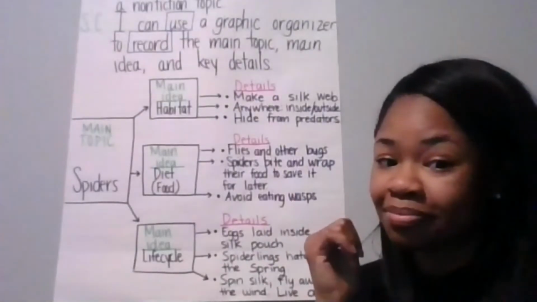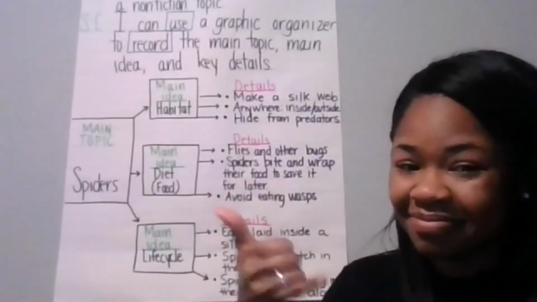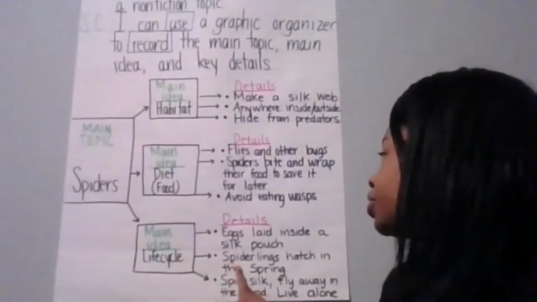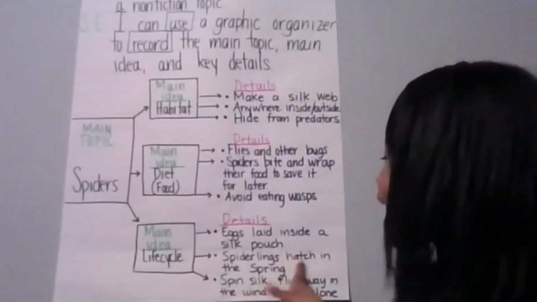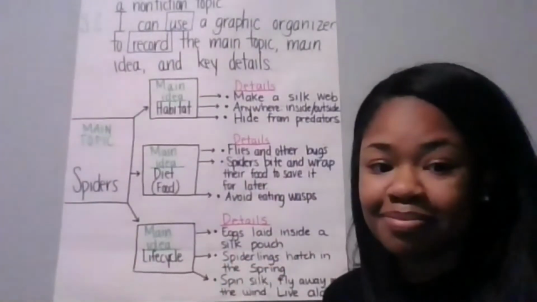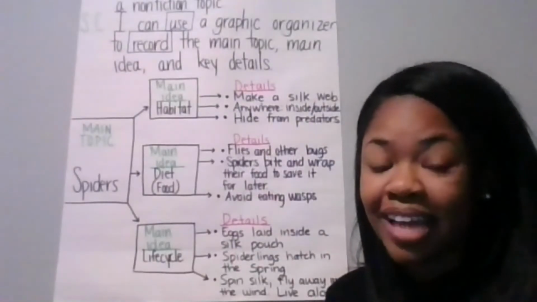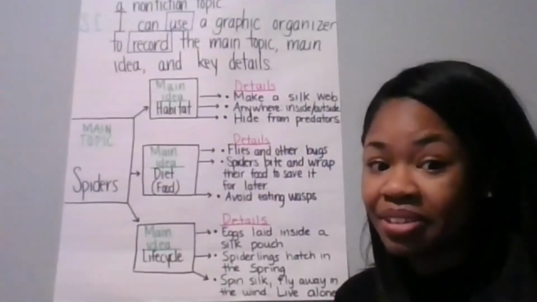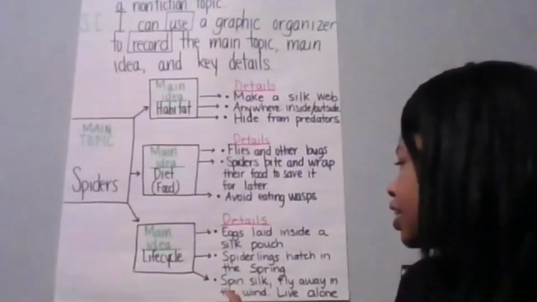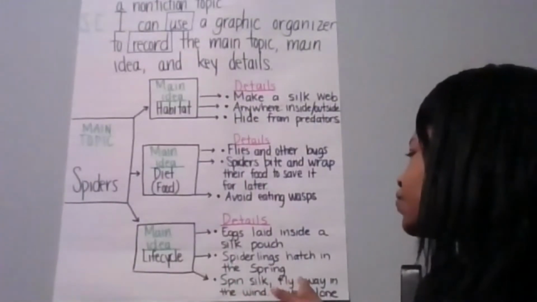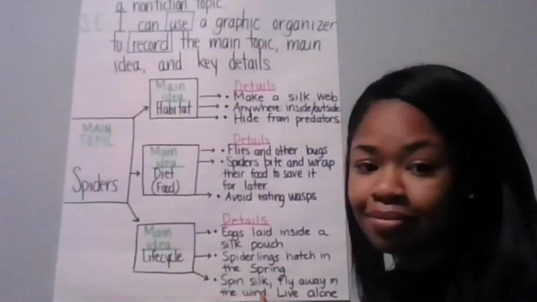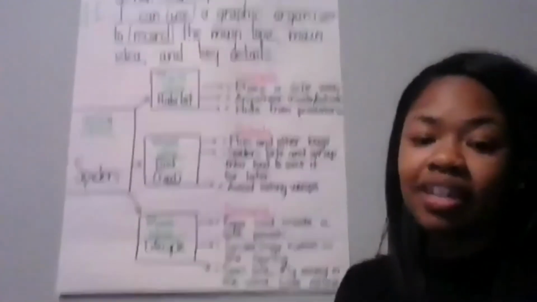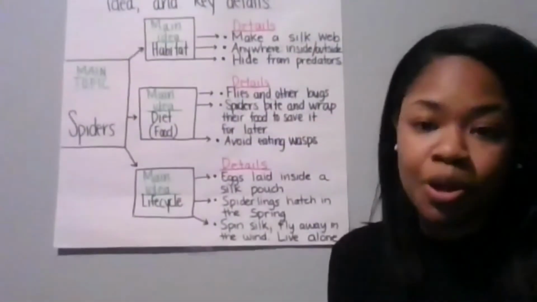Agree or disagree? Also, the spiderlings hatch in the spring. And lastly, another key detail is they spin silk and fly away in the wind so that they can live alone.